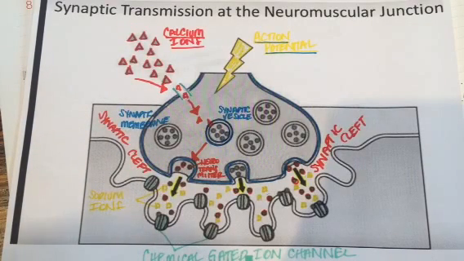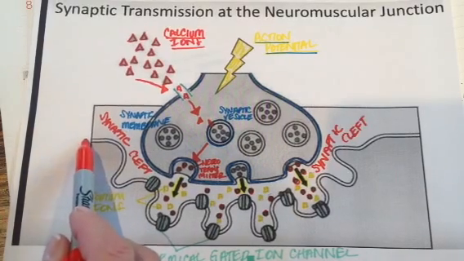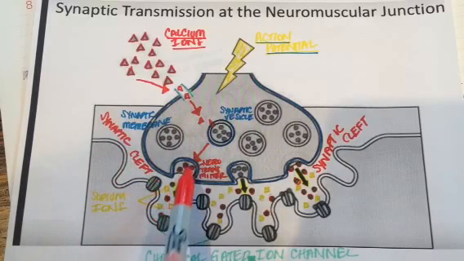And then it binds with nicotinic acetylcholine receptors on the cell membrane of the muscle fiber, also known as the sarcolemma. So remember, the sarcolemma is in here, so it goes through the synaptic cleft and is now binding on the cell membrane of the muscle fiber.